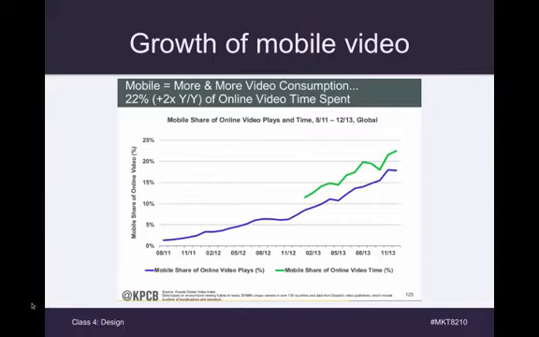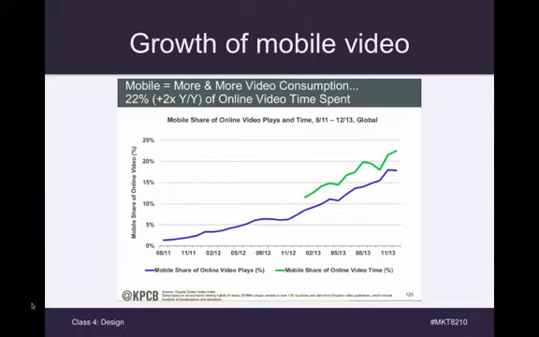So online video plays, mobile share of online video plays, and then the other percentage is time. Essentially, if we look at the main number here, this green line, it's showing you almost 25%, and this is 2013, so now it's probably there. But again, 25% of the time, when you're looking at a video online, 1 in 4 times it's going to be on your mobile phone.